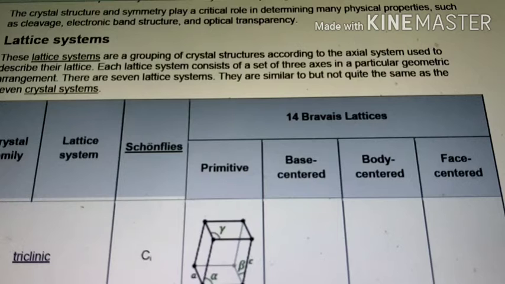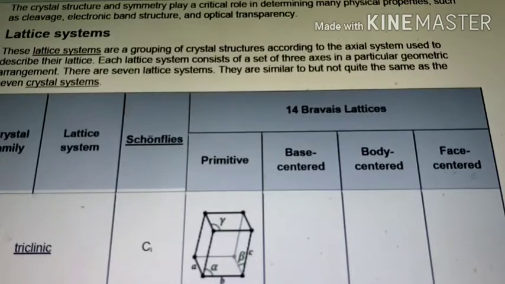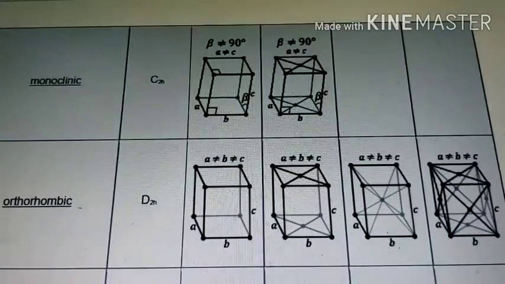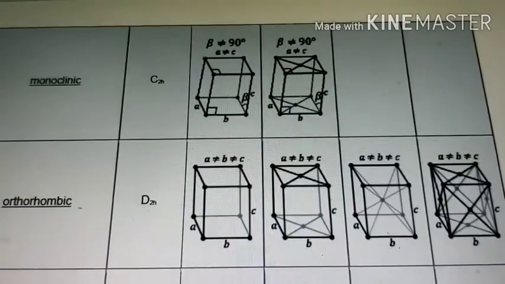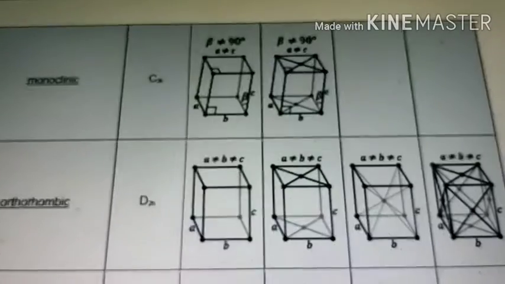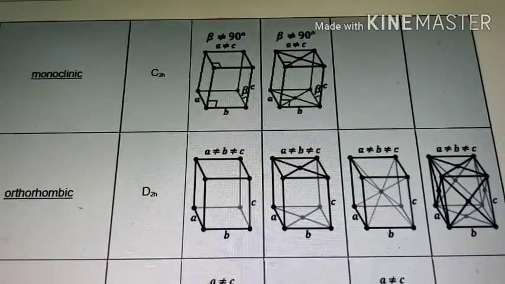Whenever the dimensions of the unit cell vary, that is, the angles and the length, breadth and height vary, there are different types of unit cells which were found by Bravais. So, by his name, the Bravais lattices: triclinic, monoclinic and orthorhombic.